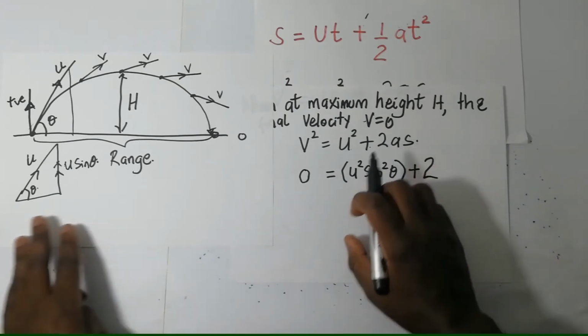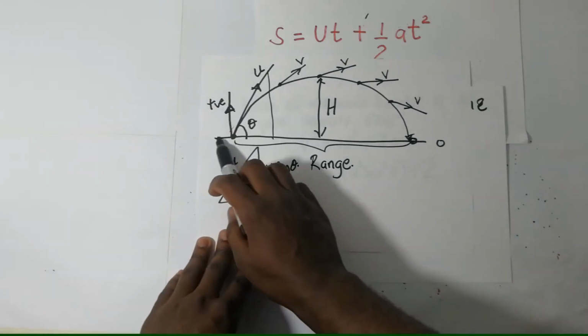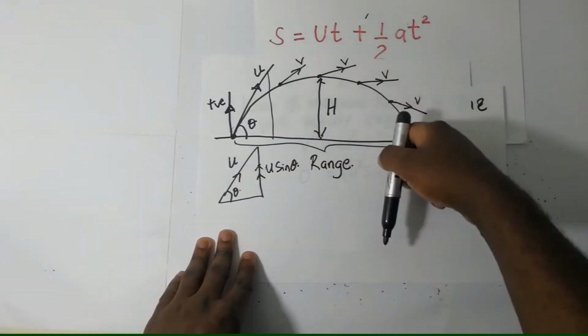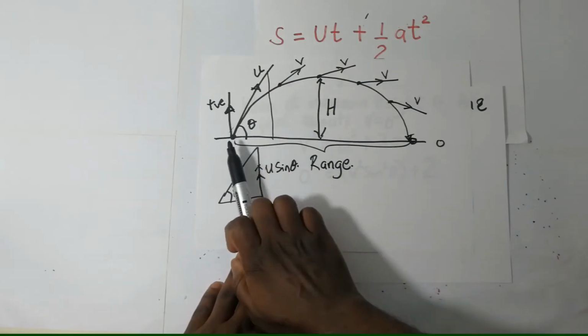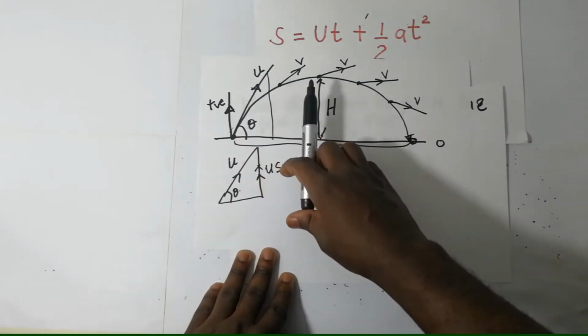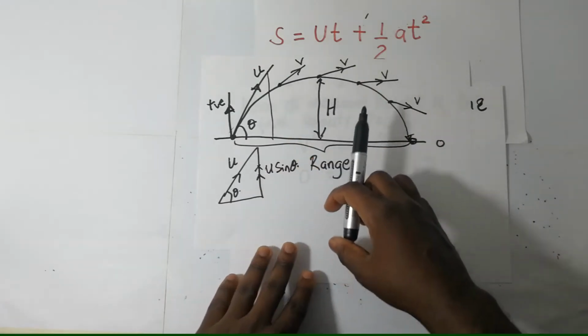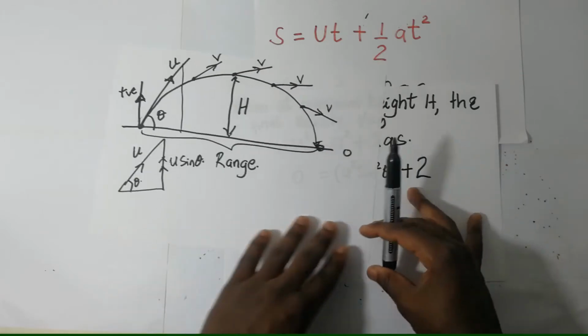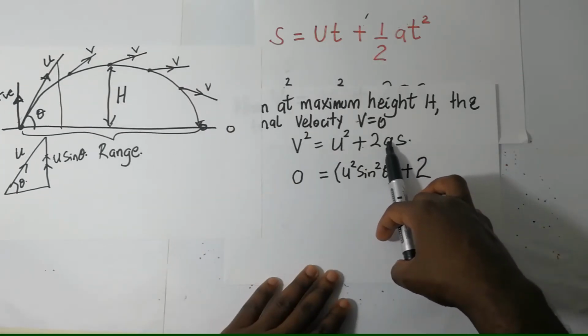times a. What's the acceleration? Now remember, this is the ground. The acceleration due to gravity always acts downwards, but this particle is moving upwards, so it is moving against gravity. Because it is moving against gravity, our acceleration due to gravity is going to be a negative value.